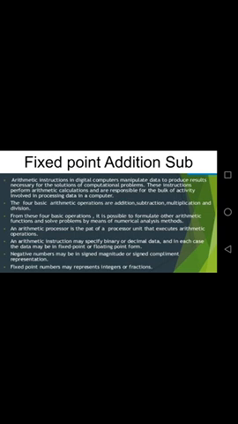Remember, the basic thing behind this data processing is nothing but performing arithmetic calculations. Arithmetic calculations means addition, subtraction, multiplication and division.